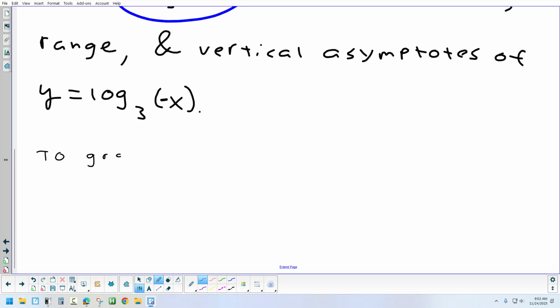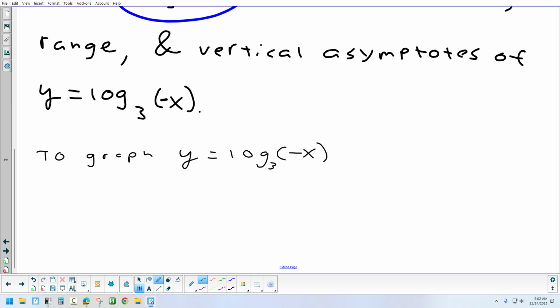So to graph y equals log base 3 of negative x. Can anyone tell me what is the one transformation that you would have to do? Yep, Travis. Flip over the y-axis.